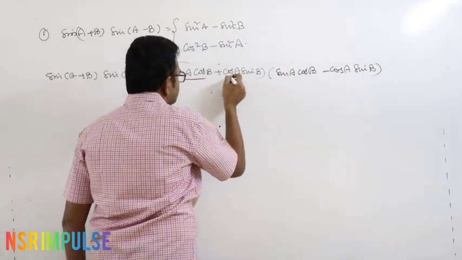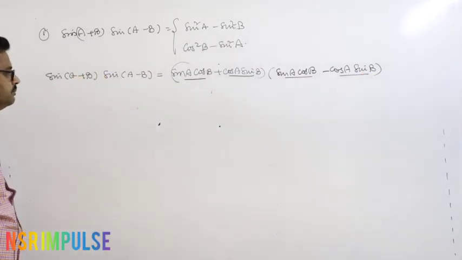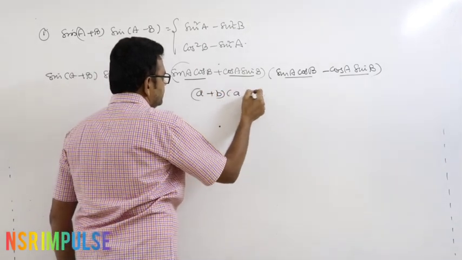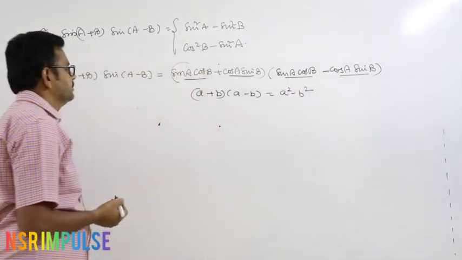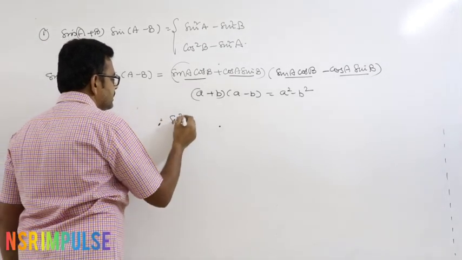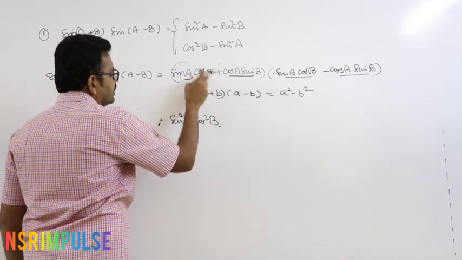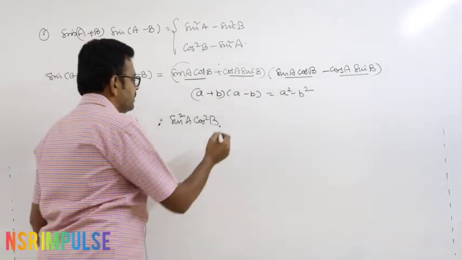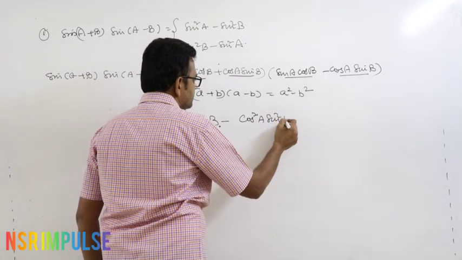This is of the form a plus b into a minus b, which is equal to a square minus b square. That is, sin a cos b whole square, that is sin square a cos square b minus cos square a into sin square b.